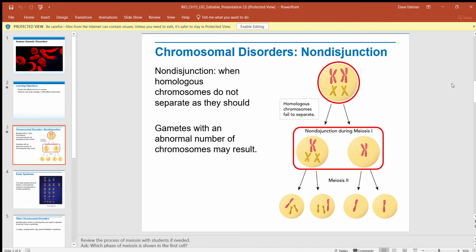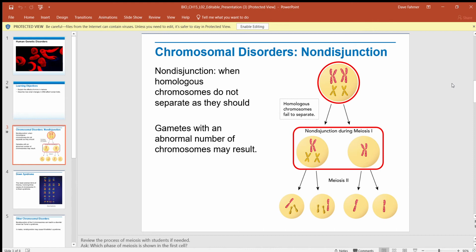I guess we should probably go back and do some review on some terms. The word homologous refers to same chromosomes, which means in a normal human body cell, or a diploid cell, we're going to have 23 pairs of chromosomes.